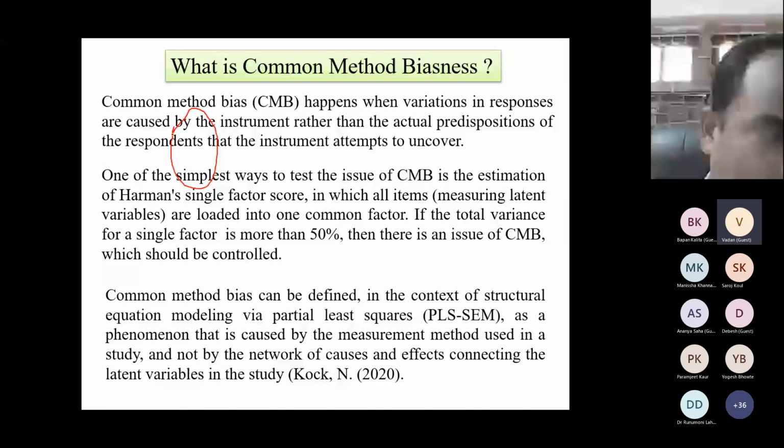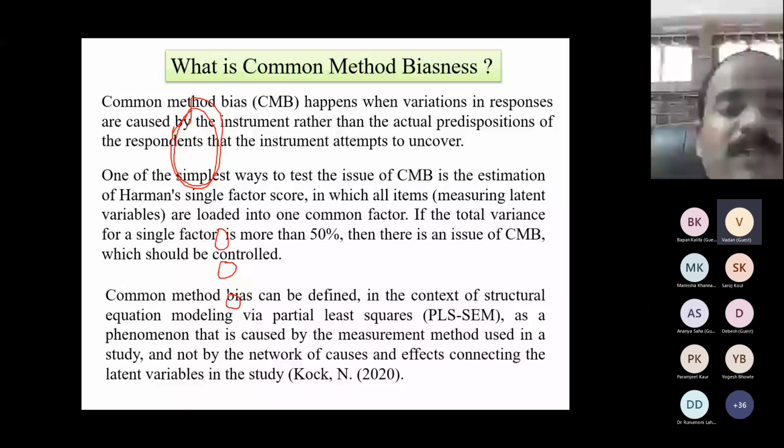The entire value in classical theory is taken as a whole, but in item response theory, every item possesses a particular error. The common thing is error. In classical theory, the observed score is equal to the true score plus error.